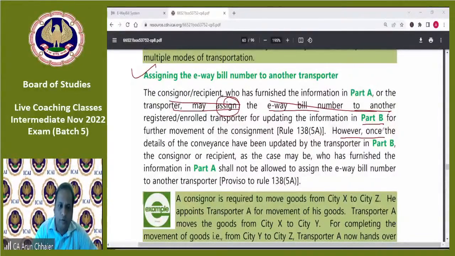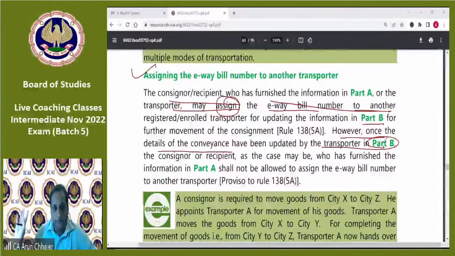Suppose Mr. A has given the work to, let's say, Gati transporter. Gati can assign to another person also. But once the details of the conveyance have been updated in part B, then after that it cannot be assigned to another person.